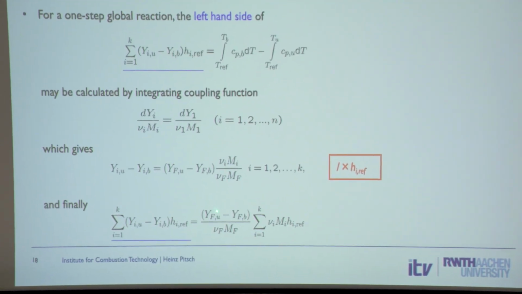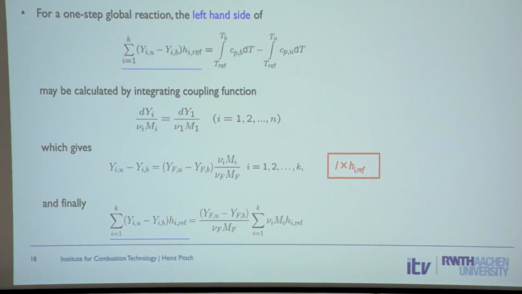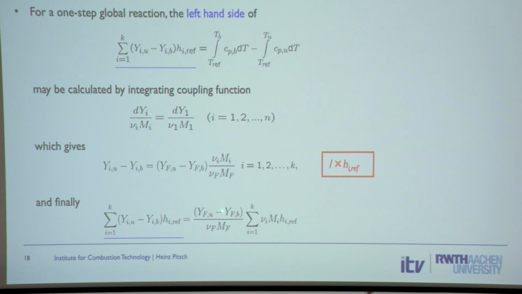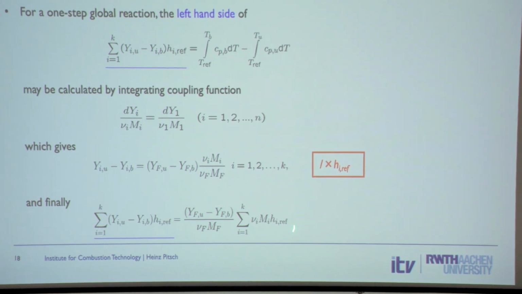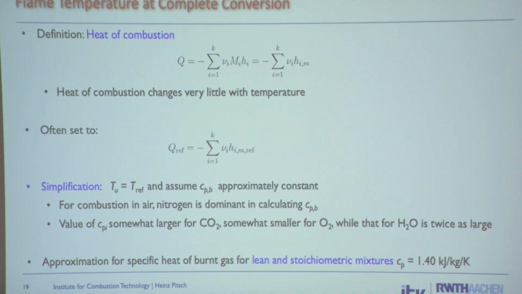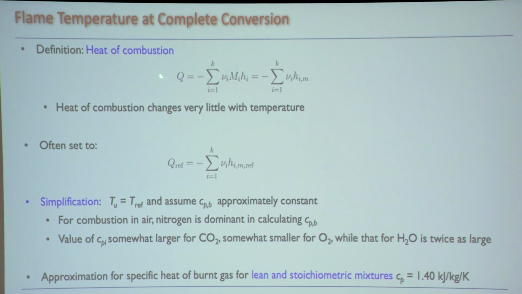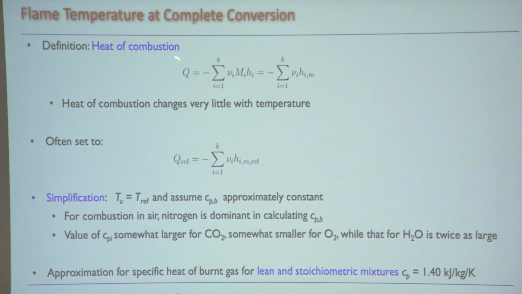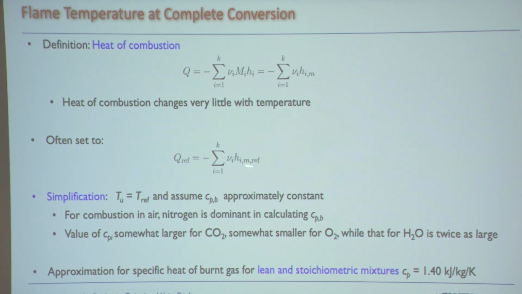I just showed you how to determine this from the table. And this here is fuel unburned, that's our initial condition. And this fuel burned is 0, so I know this term. I can evaluate this term quantitatively. This is a reaction enthalpy, call this heat of combustion, whatever.